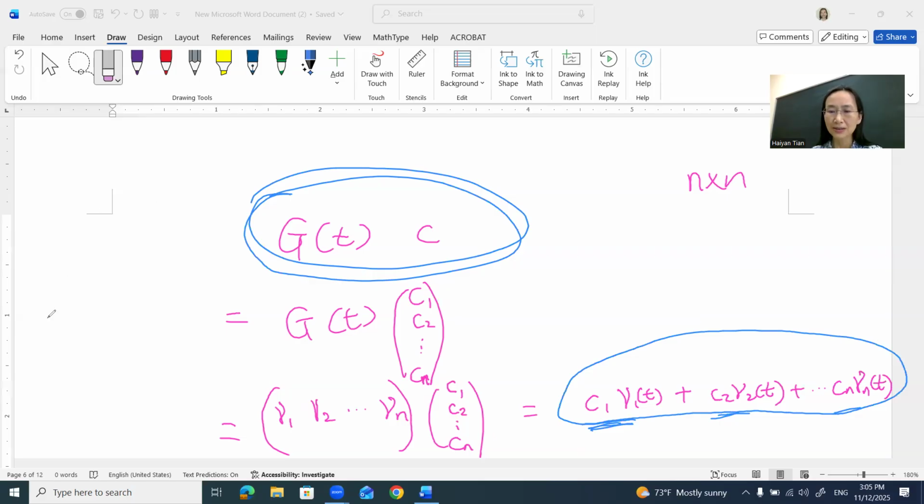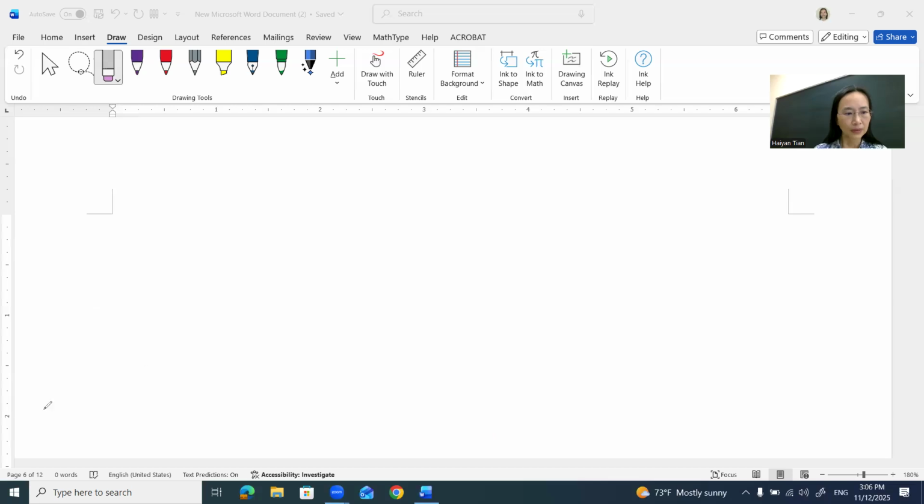So if each column is a solution to the homogeneous problem, then this is also a solution to the homogeneous problem. If you want to verify, to double check, suppose we have this problem, we're thinking of a homogeneous system.